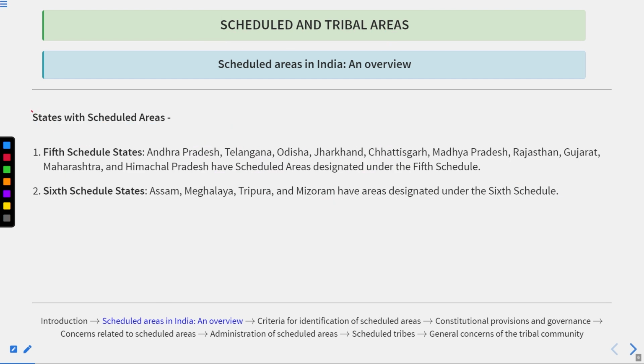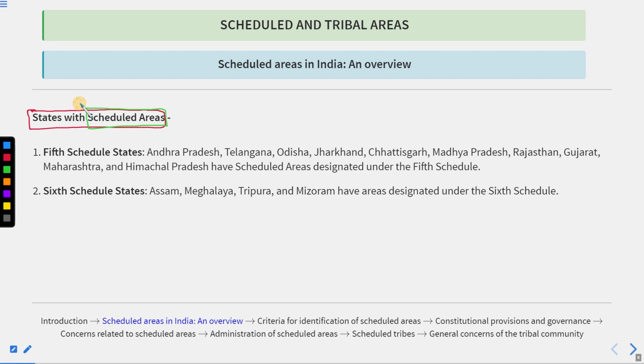Okay. So now we are going to see the states with the scheduled areas. Like we have seen, the scheduled areas are the areas mentioned under the 5th and the 6th schedule of the Constitution. And we know the 5th schedule deals with 10 states of the country having the areas that have been designated under the term of scheduled areas.